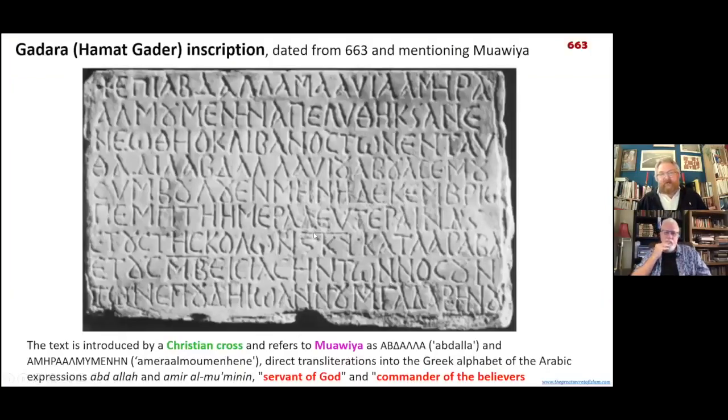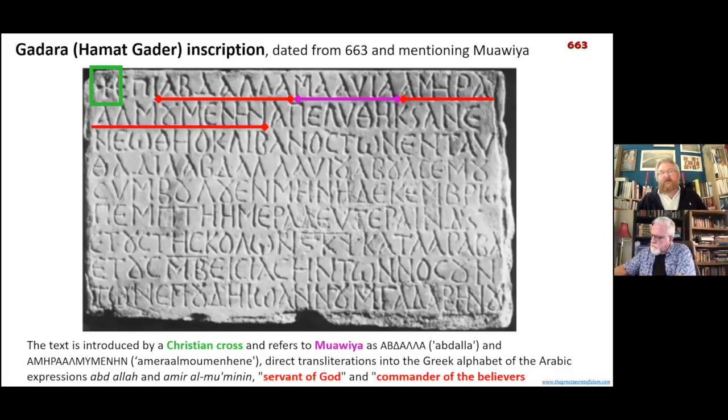Let's get to an inscription, not a coin, a very interesting inscription, which is dated from 663 and mentions Muawiyah. The text is introduced by a Christian cross, which is something to consider. And Muawiyah is described as Abdallah in Greek, and Amir al-Muminin. So Amir al-Muminin means he is both servant of God and commander of the believers.